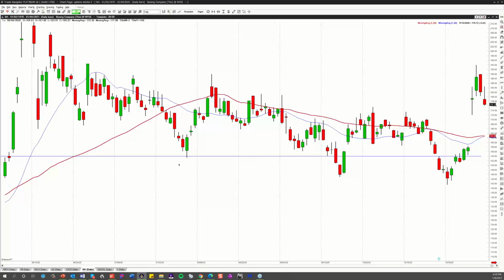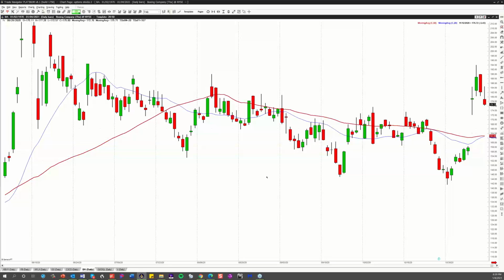All right, so here we have support and another support area here. So this would be a change of polarity, but I would nudge it a little bit more. Why? Because we have the falling window. So what that means is this old support area, the change of polarity, the falling window should be resistance, and notice how nicely it held. And that means if the market gets above it, that's actually a bullish breakout.